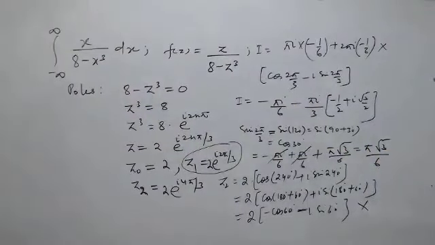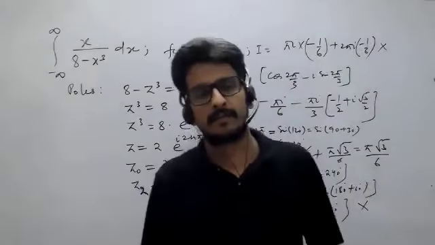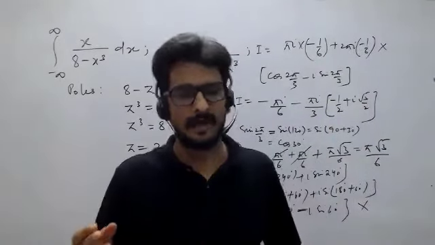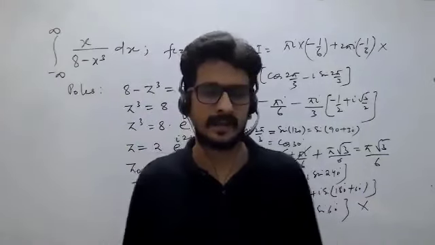Ask if anyone has a question. Sir, can we proceed with the a cube minus b cube formula here? Then you will divide it in two parts, and ultimately you will get 3 poles.